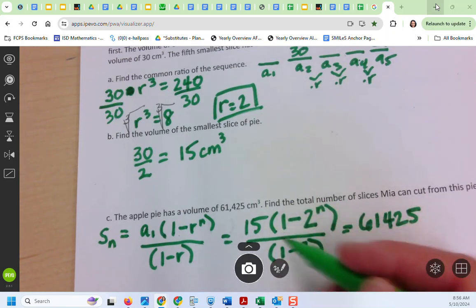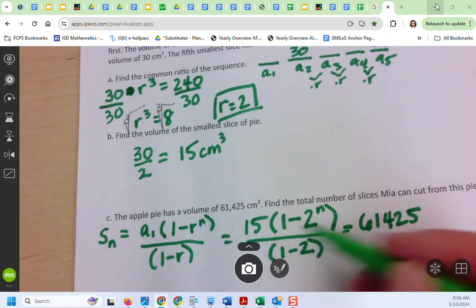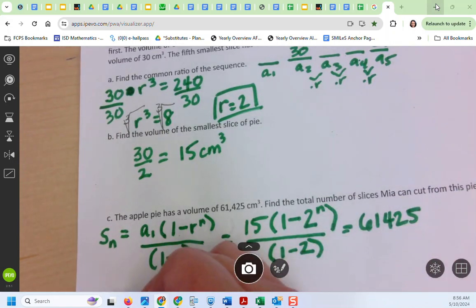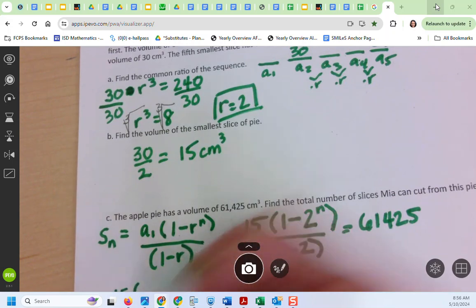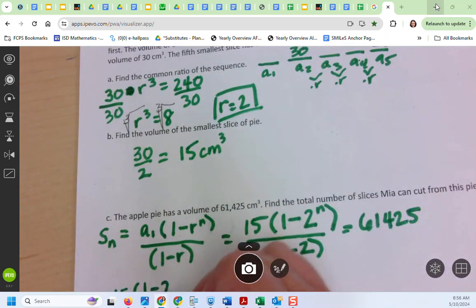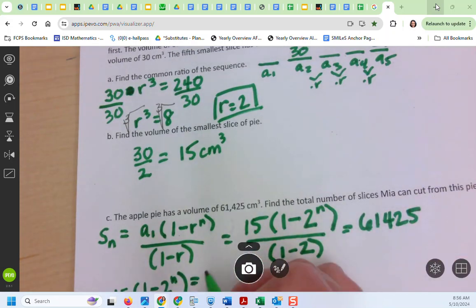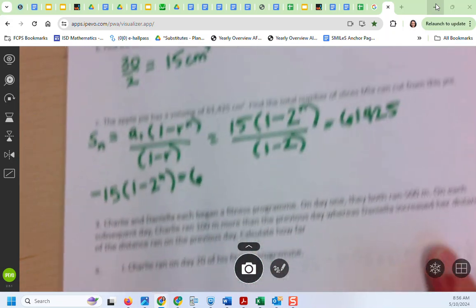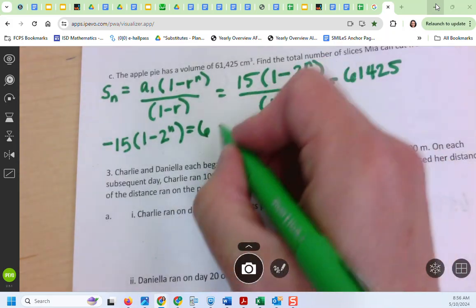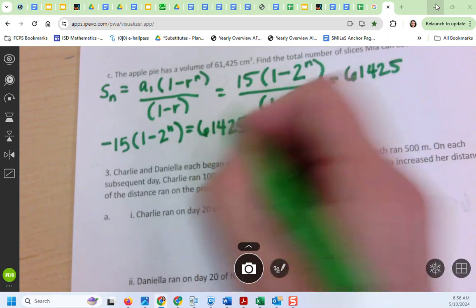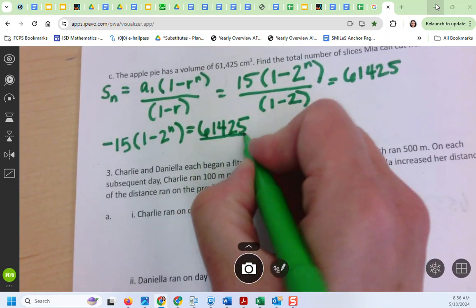We cannot do anything with this yet because this one has an exponent stuck on it. So I have 15 divided by negative 1, which makes what? Negative 15. So I'm going to combine those to make negative 15 times 1 minus 2 to the n equals this number. And then I'm going to divide by negative 15.